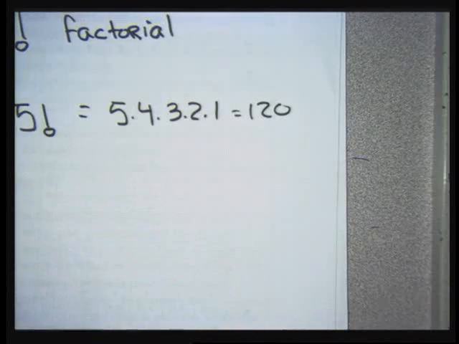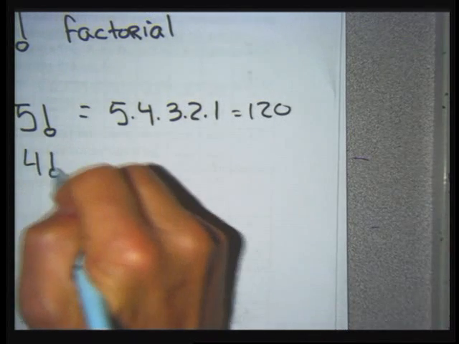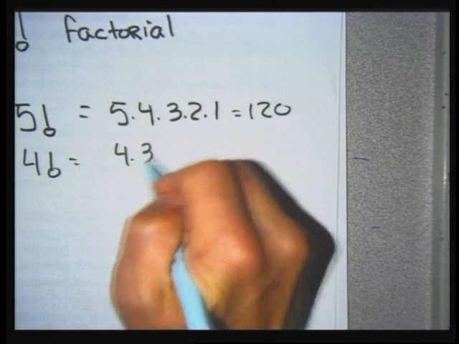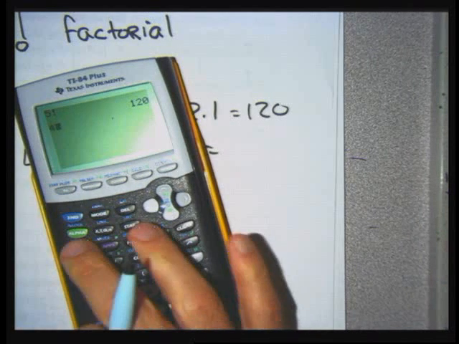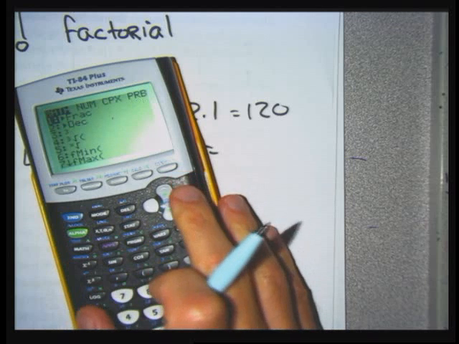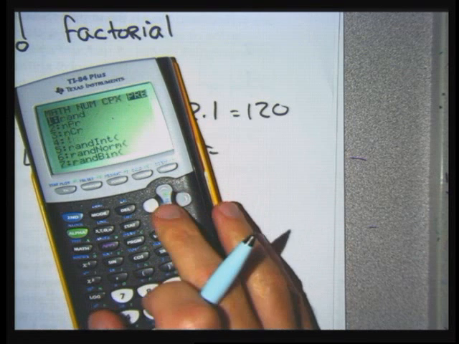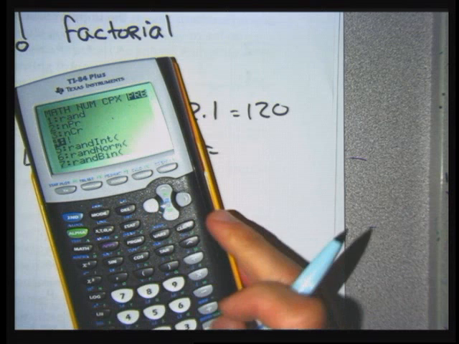If I did 4 factorial, 4 factorial is going to be 4 times 3 times 2 times 1. So on my calculator, 4, then math, PRB, down to factorial.